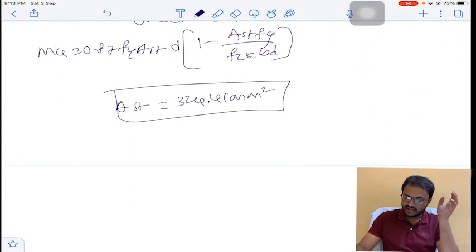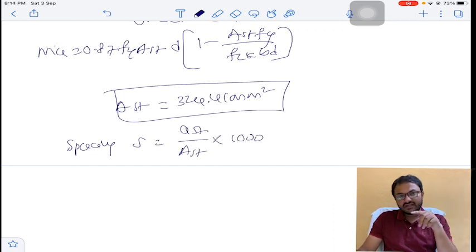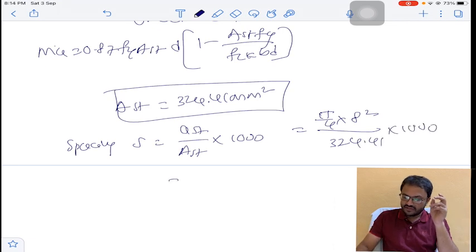Now spacing we can calculate. Spacing S is equal to small Ast by capital Ast into 1000. So the reinforcing bar that he has provided is 8 mm. So small Ast will become pi by 4 into 8 square, and the total reinforcement we need to provide is 324.41 into 1000. So you will get spacing as 155 mm.